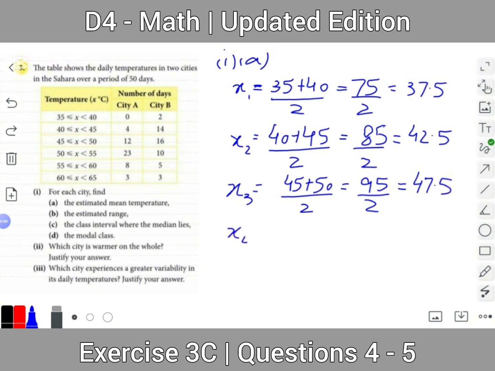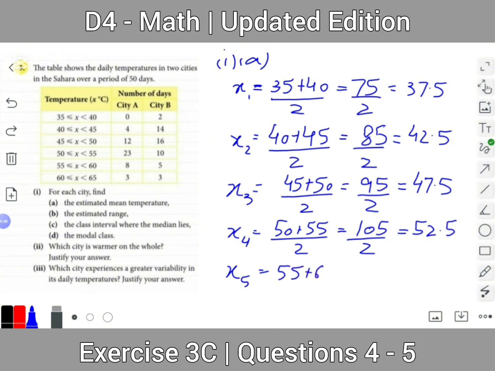Now for the fourth mid value x4, we have 50 plus 55 divided by 2, which is 105 divided by 2, and after division we will get 52.5. The fourth mid value is 52.5.